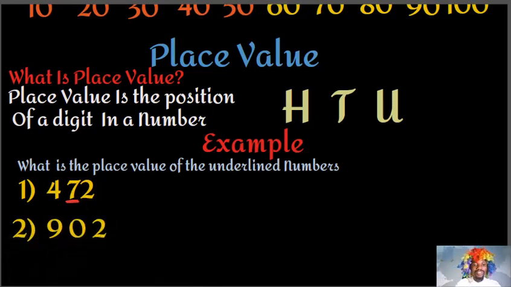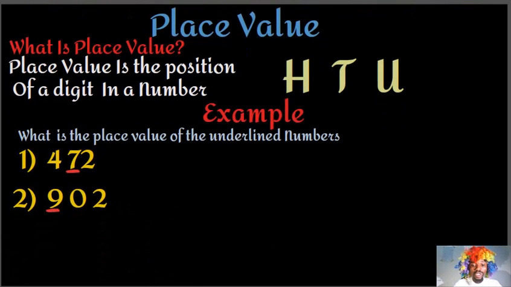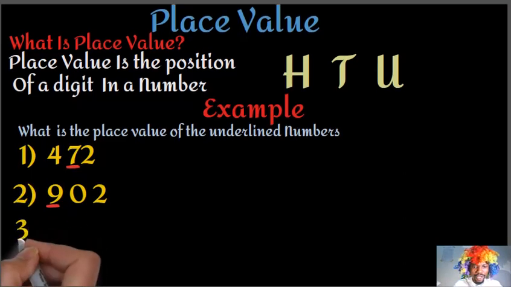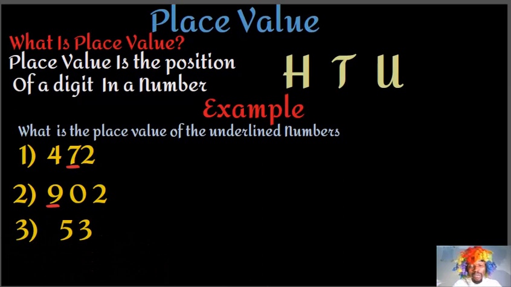Second one is 902, and the underlined one here is 9. Okay, we can have the third. The third happens to be a 2-digit number, 53, and the underlined one is 3. So what are the positions of each of these digits in these numbers?